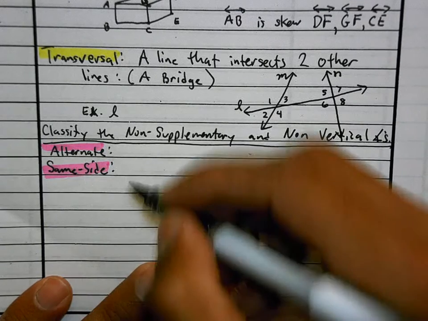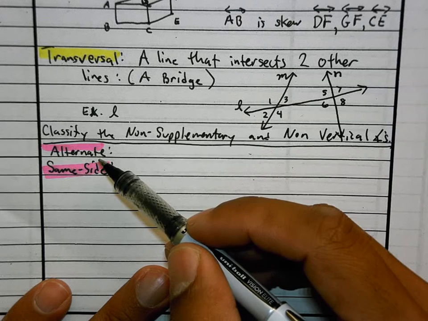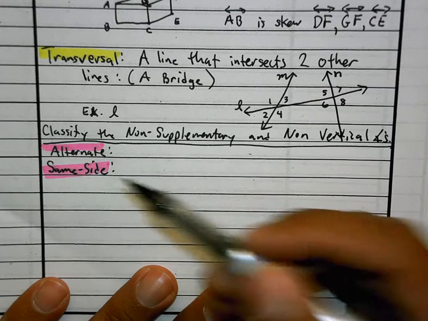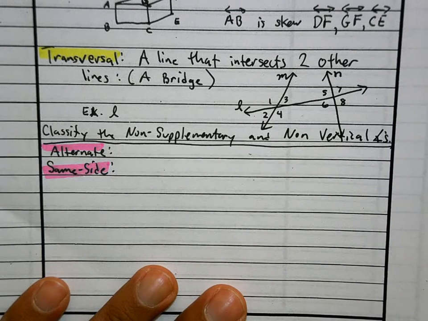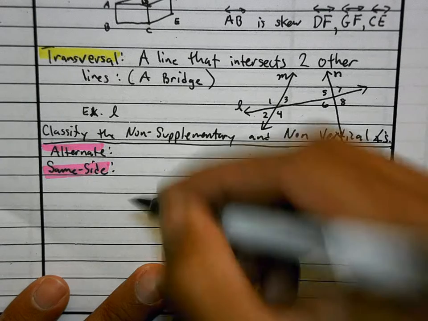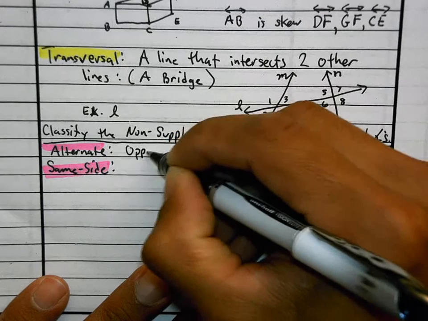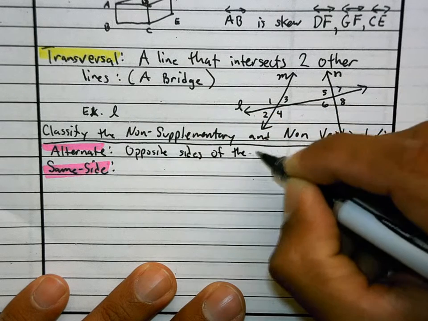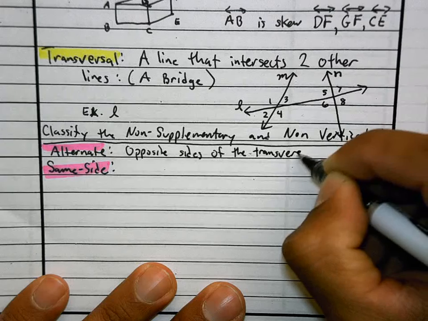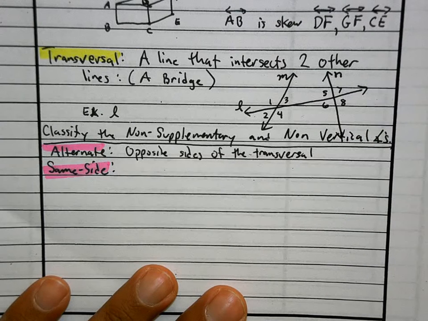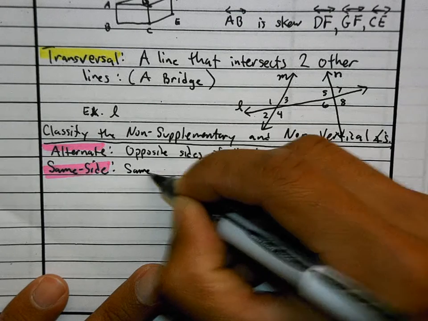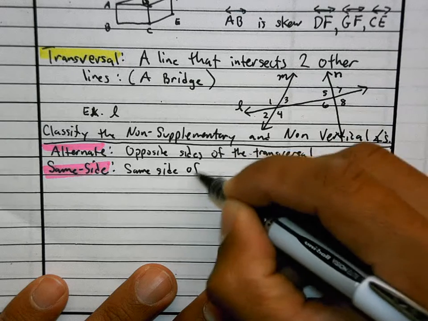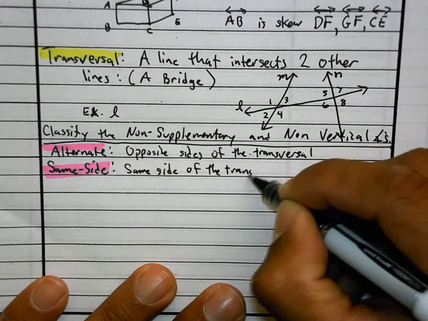Alternate is pronounced in 2 different ways, and it's acceptable both ways. Alternate means opposite sides of the transversal. Same side means same side of the transversal.